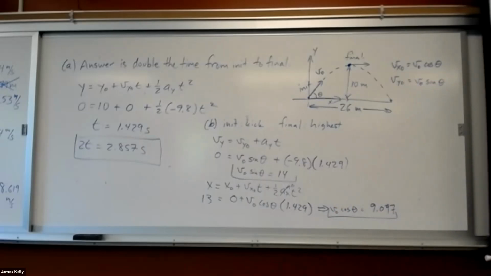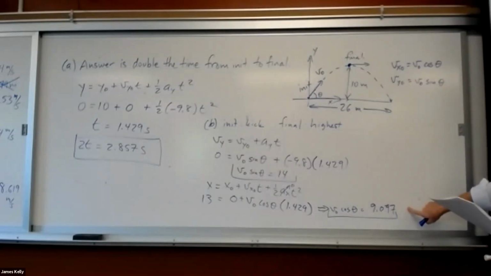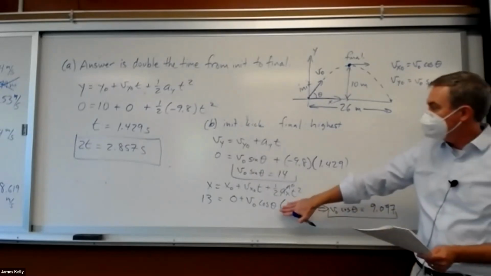And now, yes, Sam. Could you not find the Vx by doing the distance divided by the time? You mean find Vx0? Yes, I could find Vx0 that way. And yes, that essentially is what we did right here.